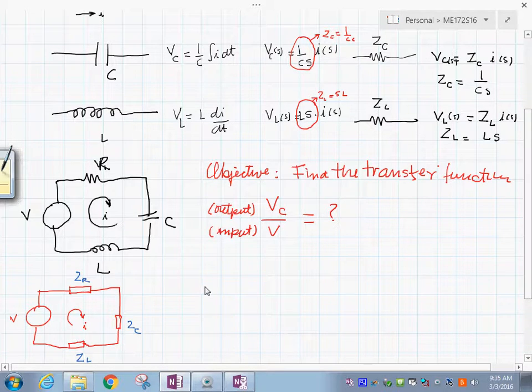Any difficulty with that? The voltage here is going to be, in this case, Z for R is R.